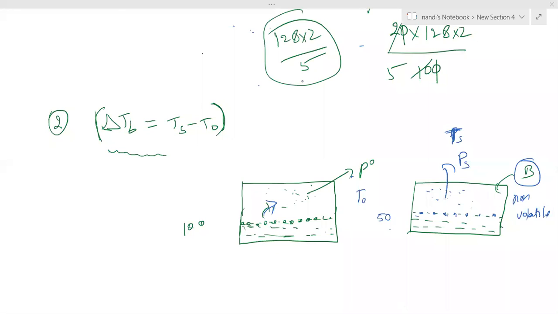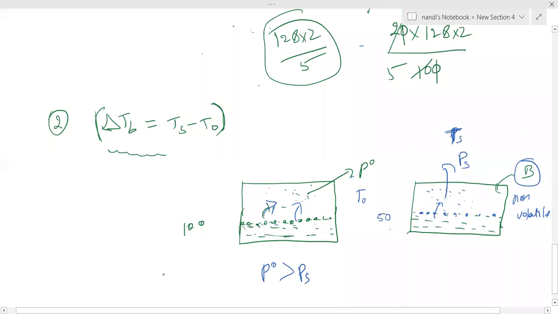P naught, because here 100 molecules are there that can evaporate very easily, but here only 50 molecules are there that can evaporate less. So always P naught is greater than PS. With respect to vapor pressure, please note down this point: P naught is greater than PS when there is a non-volatile solute.